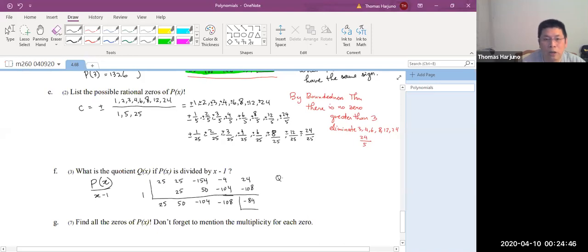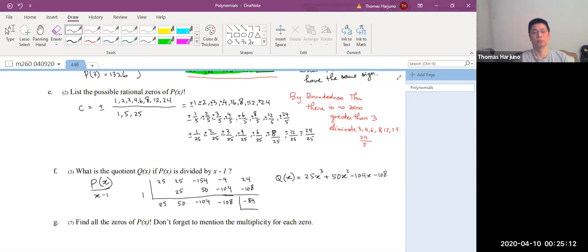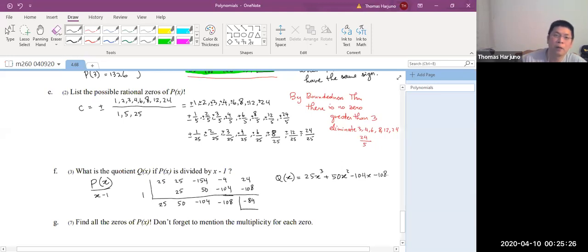Okay, so Q(x), the quotient, will be 25x cubed plus 50x squared minus 104x minus 108. That's the quotient. Everybody, are you okay?